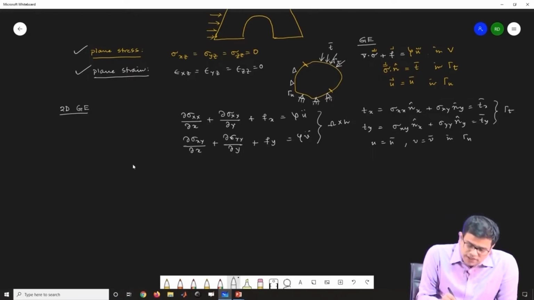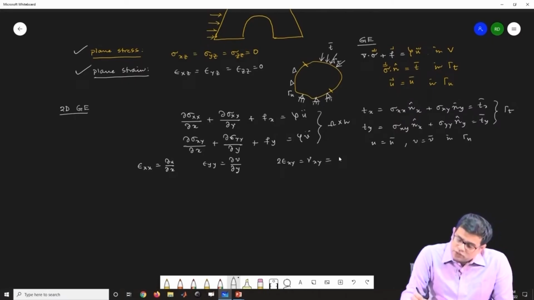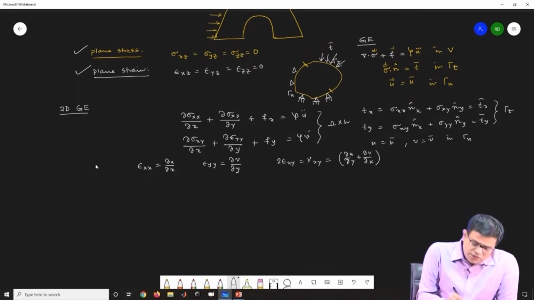We all know the strains: εxx is ∂u/∂x, εyy is ∂v/∂y, and 2εxy, that is γxy, is the shear strain, which equals ∂u/∂y plus ∂v/∂x. So this is my strain quantity.